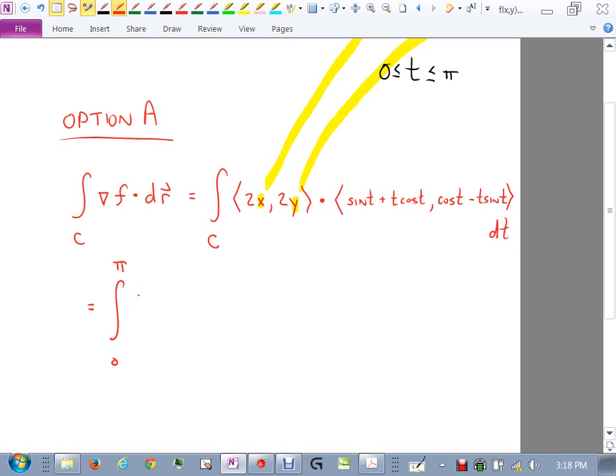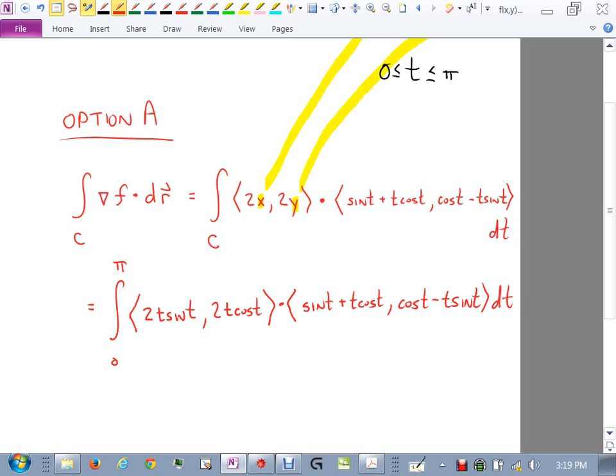Let's plug in 2x. So that's 2t sine t, 2t cosine t. We're going to dot that with sine t plus t cosine t. Do you see this is not very good? Now what's wrong with option 1 here?